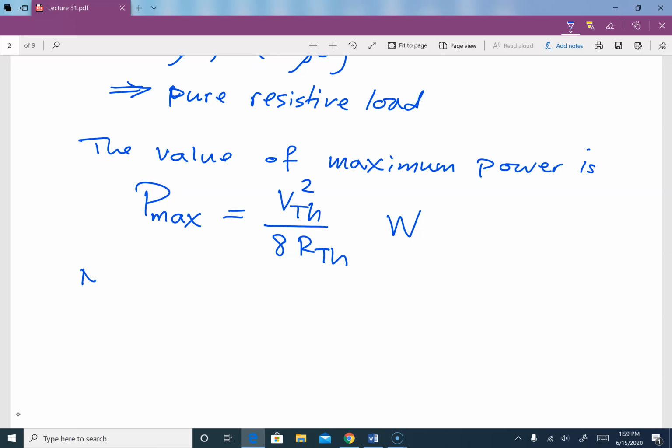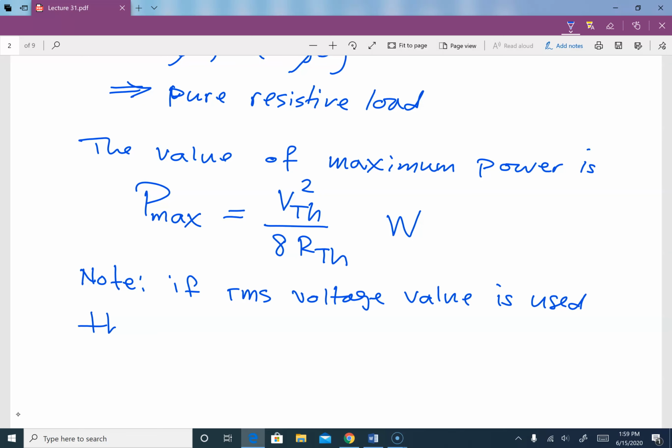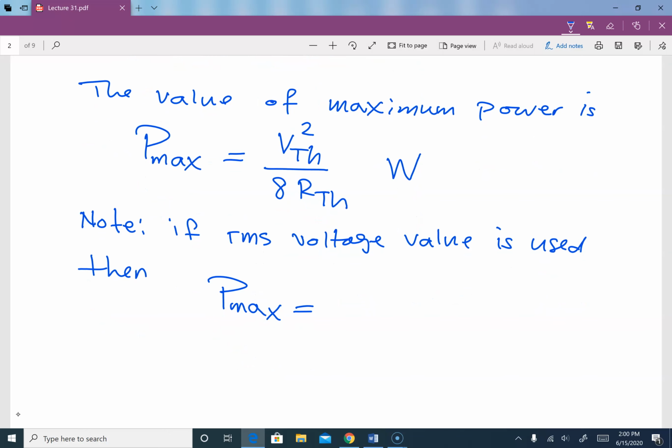However, I would like you to note the following. If the RMS voltage value is used, then our P max will be the same as the formula for DC.